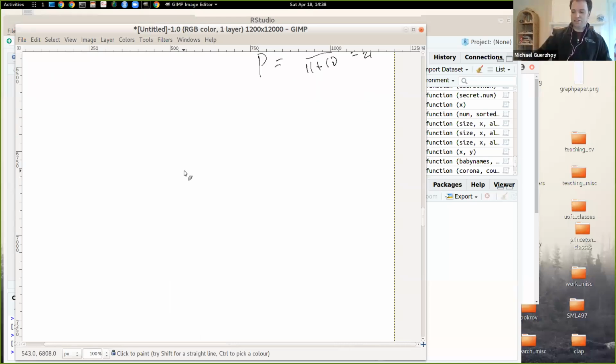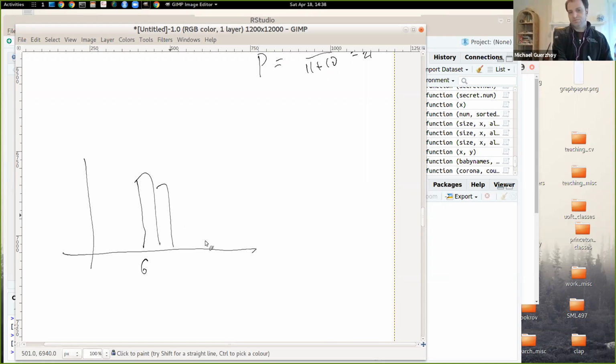So the idea here is, assuming the null, what you expect most is 6, and then maybe the distribution looks kind of like this. This is the number of correct guesses. So we got 9, and we want to compute the probability of this plus this plus this.